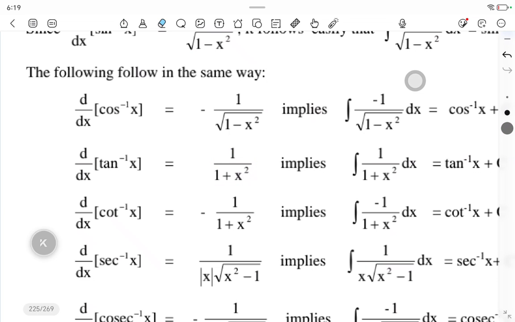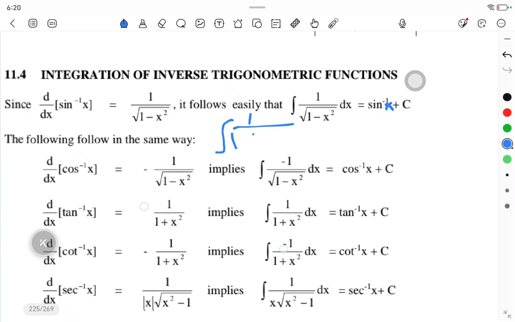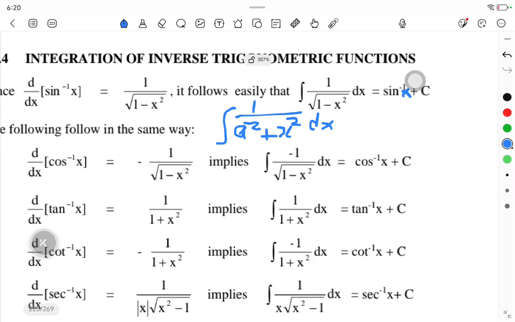Remember here, I said that the integral of 1 over a squared plus x squared dx, if I introduce the integral both sides, will be equal to the arctan of x over a, and then remember we have to put 1 over a. I'm sure we agree with that.